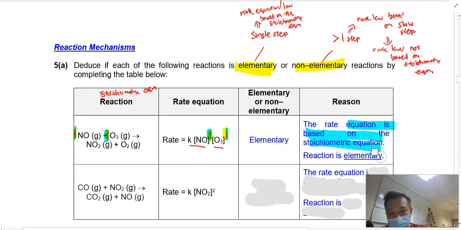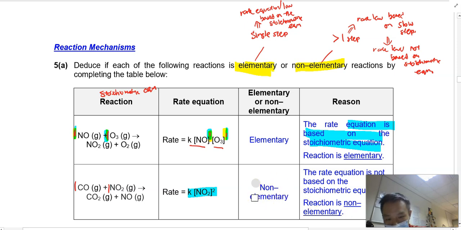On the other hand, in the second example, rate = k[NO]^2, which, when you look at the overall equation, is 1 CO with 1 NO2. This indicates that it's not based on the overall stoichiometric equation, and therefore the reaction is non-elementary.